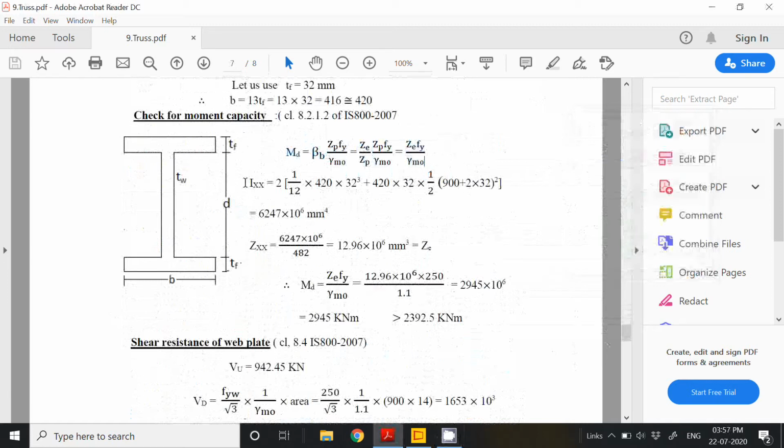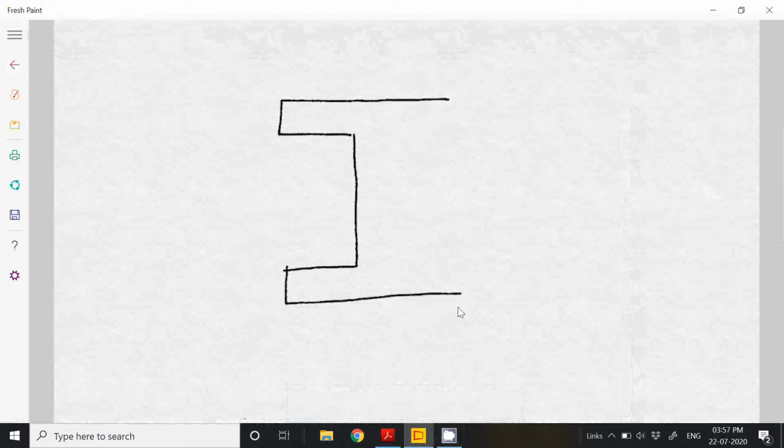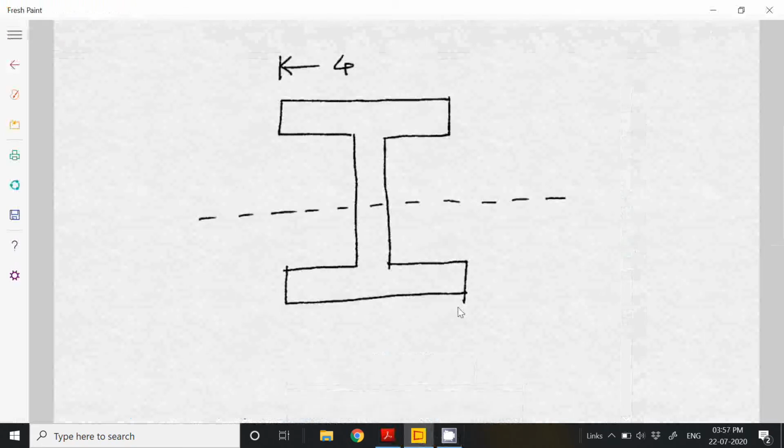Now Ixx, there is a little bit of confusion here. Ixx will be how much? If I draw it in paint, if I look into this, this is for 420, this is 32.